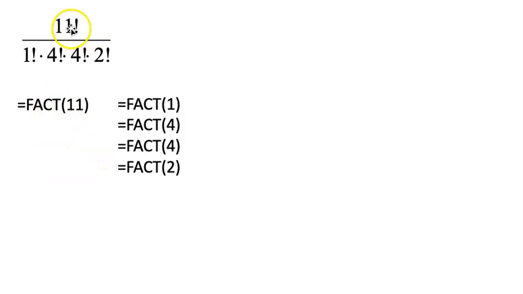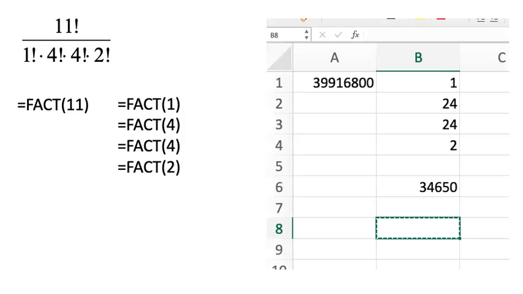This is the syntax. 11 factorial equals FACT 11, 1 factorial equals FACT 1, which is just 1. 4 factorial equals FACT 4, 2 factorial equals FACT 2. So I built a little spreadsheet with those numbers, and there they are. Take this divided by this times this times this times this, and there is my answer of 34,650. And that will conclude this lesson.